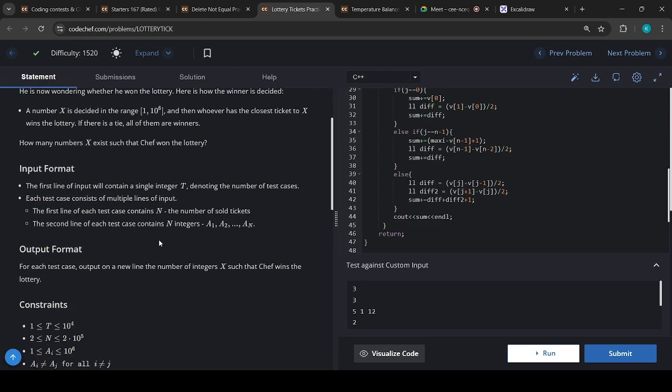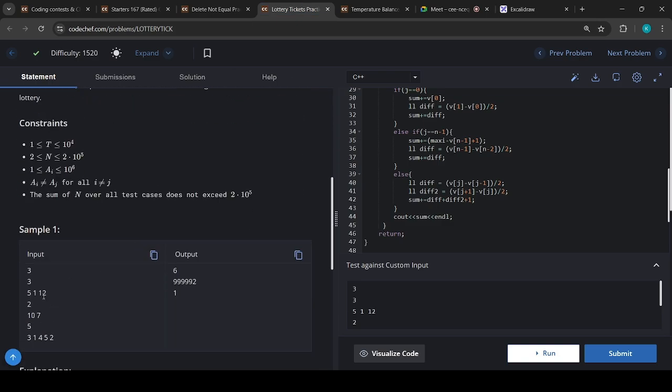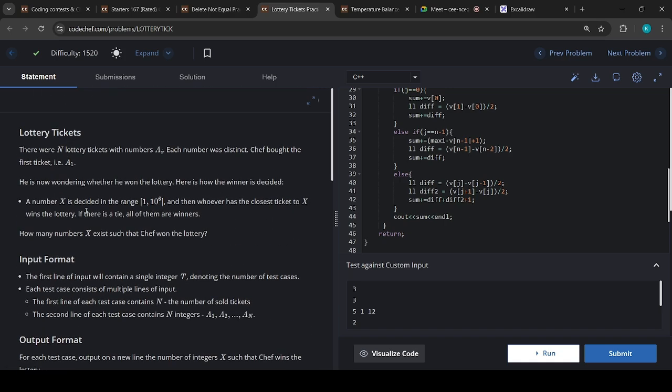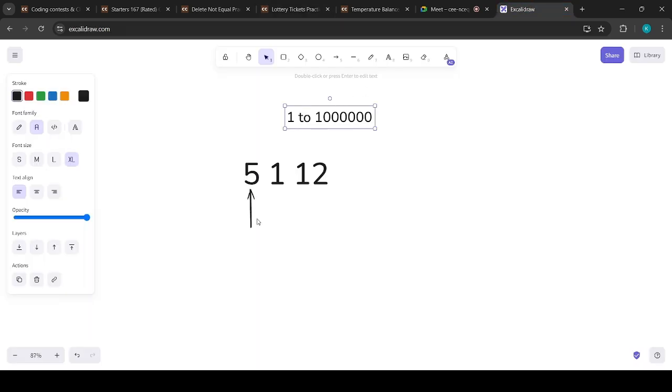We have to find how many numbers there are such that, if that number occurs, Chef will win the lottery.